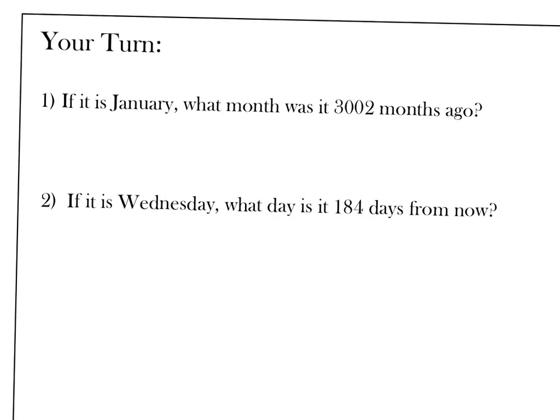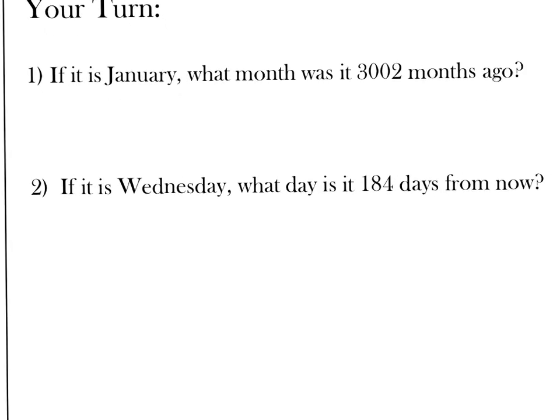So here, if it is January, what month was it 3,002 months ago? How are you going to do this with any amount of cleverness? You can sit there and start subtracting 12 over and over and over again and hope you get there. That's going to take a little while.